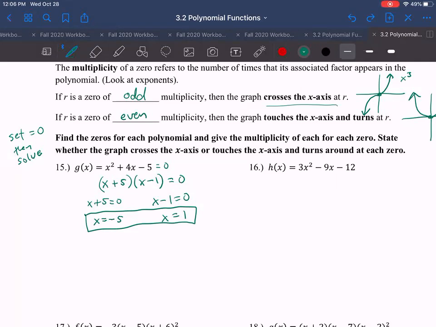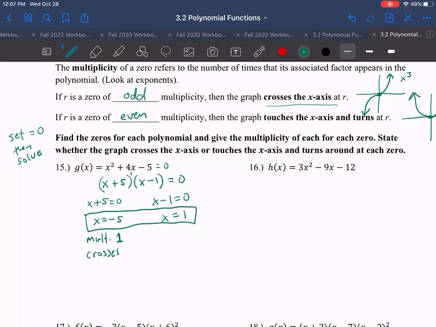And now we just need to look at the multiplicity. To do that, we look at what power is up there. The power, which we don't really write, is the first power. So that tells us that x equals negative 5 has a multiplicity of 1, and since it has a multiplicity of 1, it crosses the x-axis there.